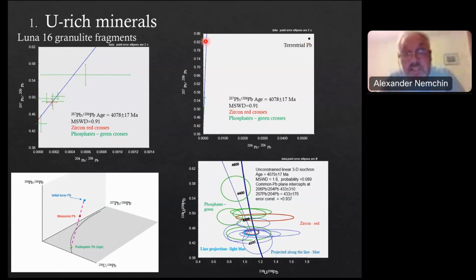So our line is almost invisible because it's very close to the vertical axis, which means that we're not getting a lot of contamination here. So our pull of these points up is probably a representation of initial lunar composition.